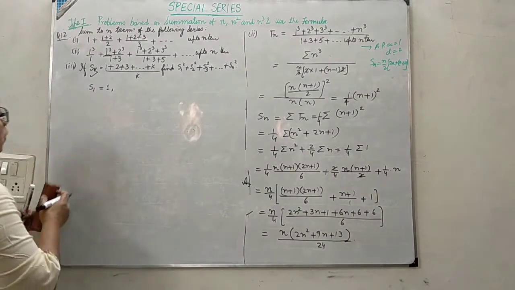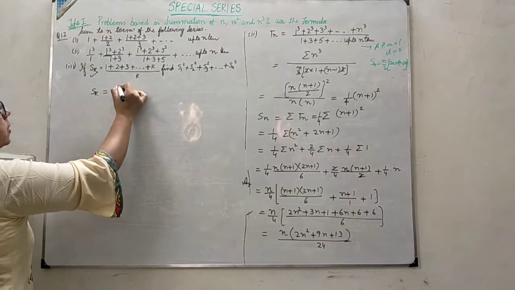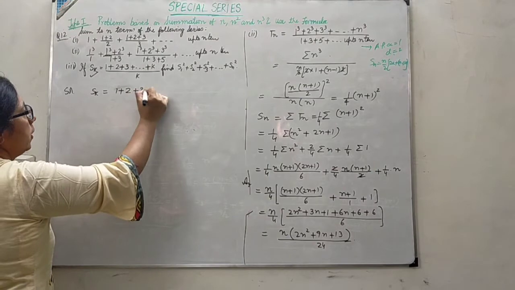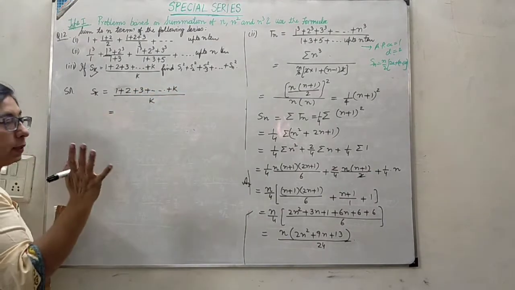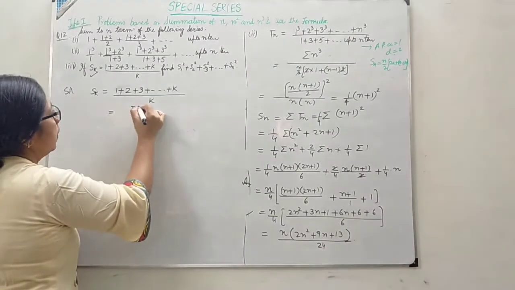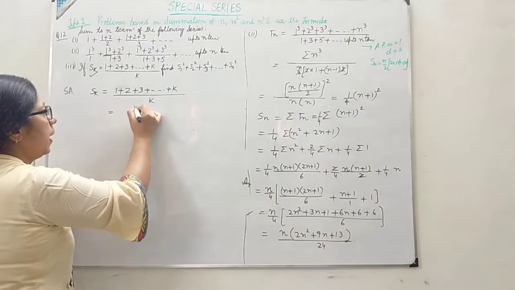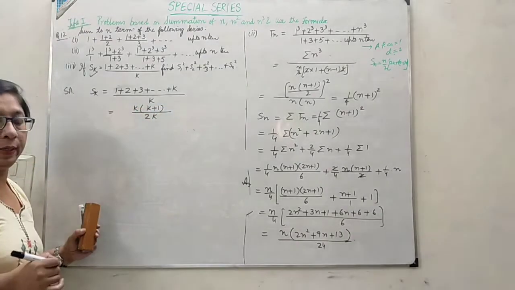So what will I do? I will take Sk and simplify it. First I will write 1 plus 2 plus 3 up till k upon k. We have seen the pattern, and this is sigma of first natural numbers. I can directly apply the AP formula as well, or whatever you feel like.